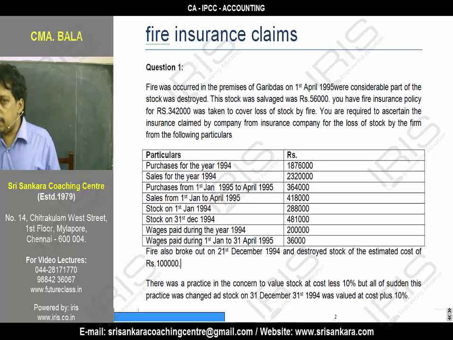What happens? The students are more interested in getting the answer rather than understanding the flow of entry. So now, abnormal loss account debit. I repeat myself, abnormal loss account debit, to purchases. That entry can be passed.